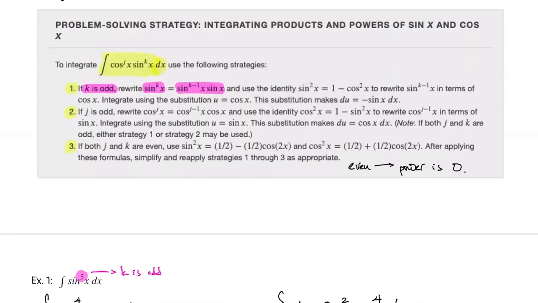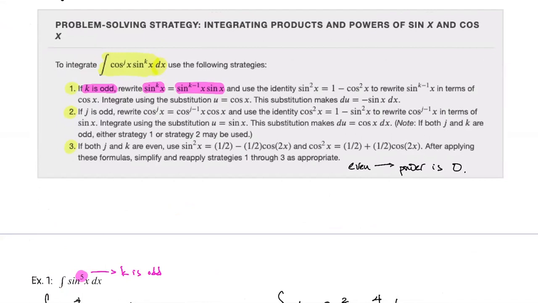All right, so let's go back and read what that number 3 says. It says if both j and k are even, we're going to use sine squared equals 1/2 minus 1/2 cosine 2x, and cosine squared equals 1/2 plus 1/2 cosine 2x. All right, so we're using here not our double angle identities, but our power reducing identities.